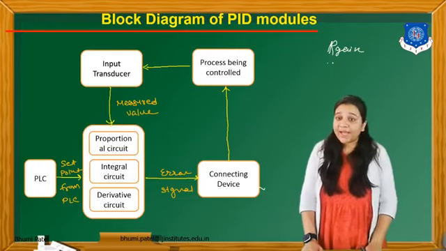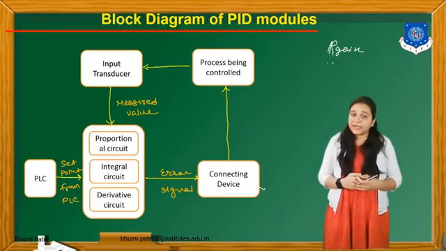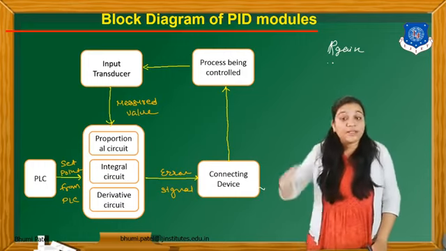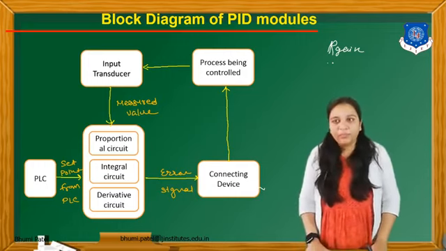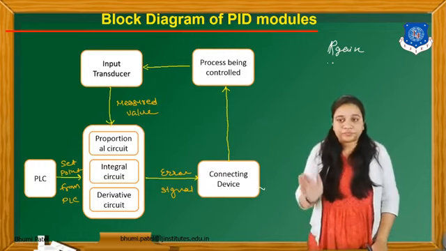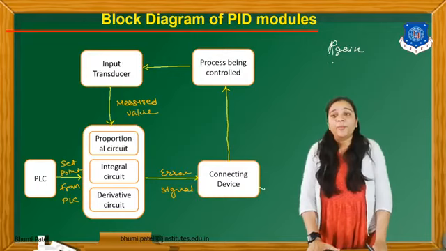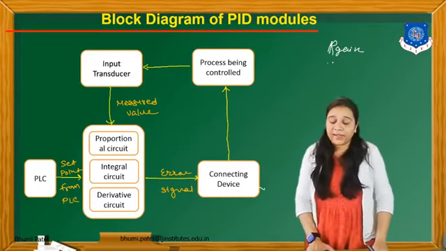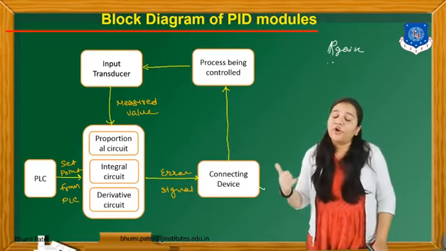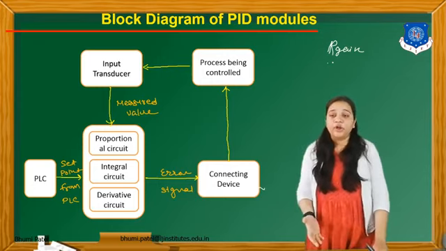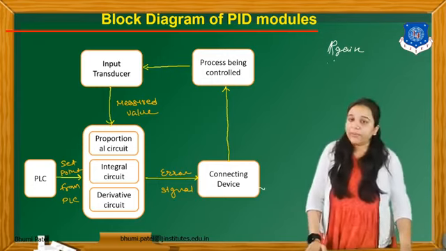So in the PID module, if we connect the PID module with this PLC, the set point is coming from the PLC module. This is the simple block diagram of the PID module. Depending upon the plant, we can connect any of the circuits of this system. We can connect all three circuits for this PID module.